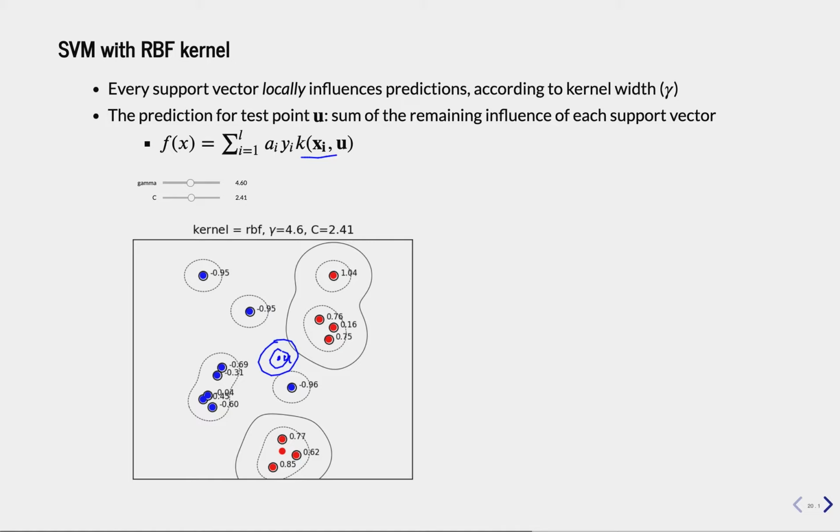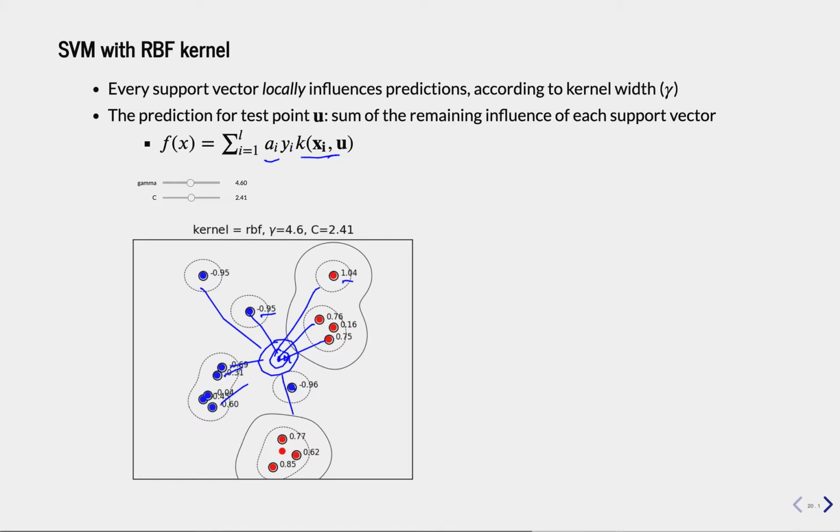But you can control that with the gamma in a minute. Basically our prediction is the weighted sum of the kernel between our point and every support vector. So you measure the kernel between this point and all these support vectors times the learned coefficient of those support vectors, which are shown here.